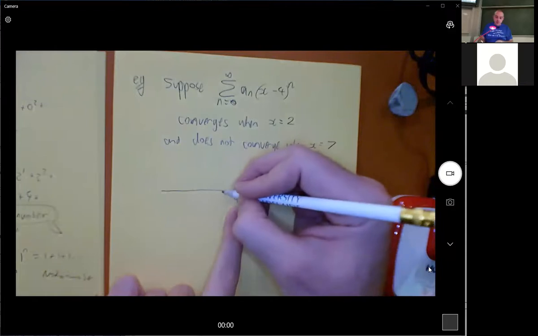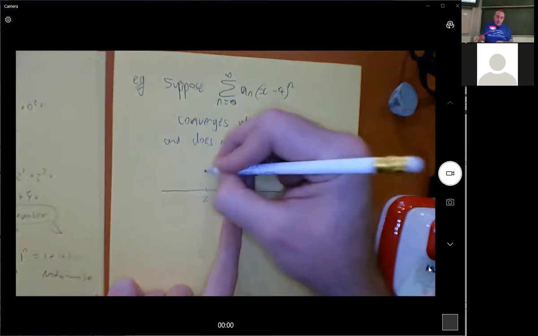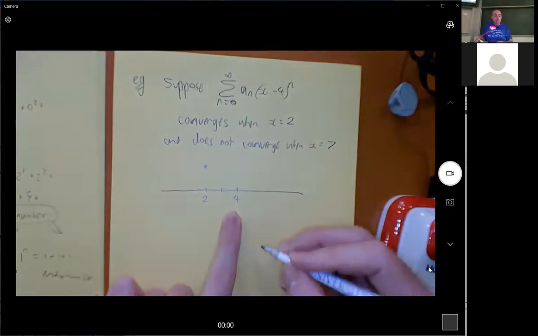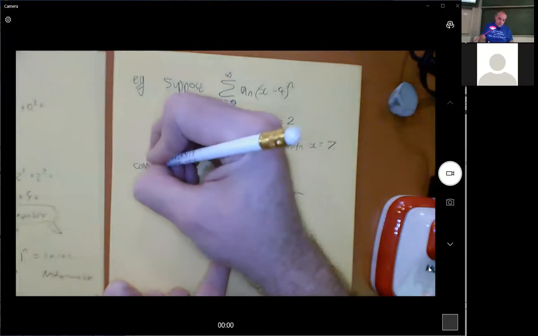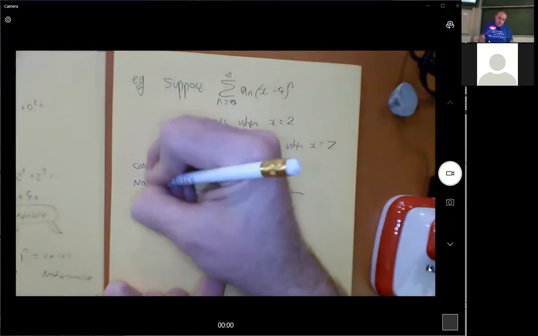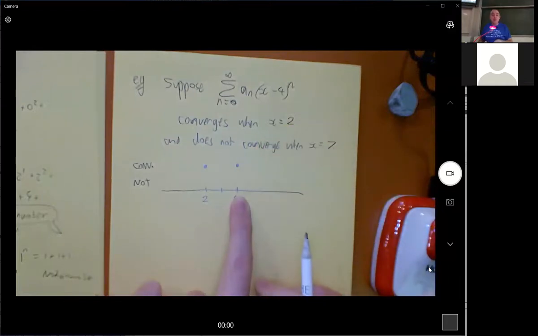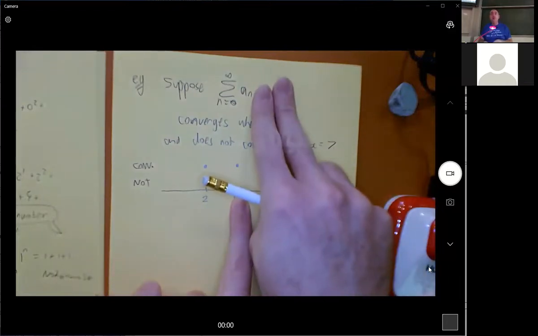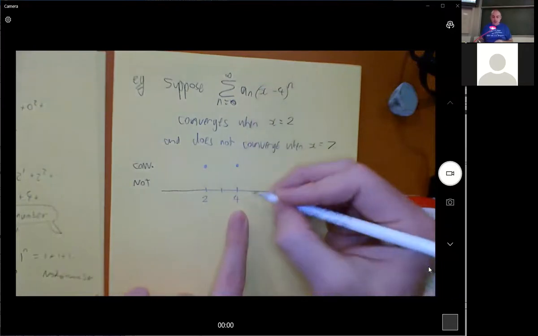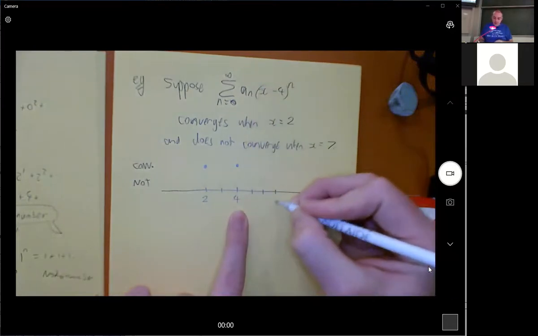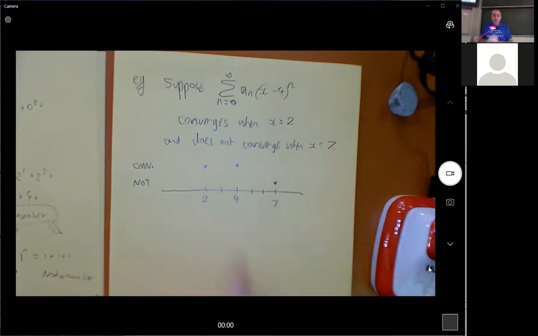And I know it converges down here when x is 2. Converge, not converge. It definitely converges when x is 4 because that's the center. Because when x is 4, it's just a whole lot of zeros. And when x is 7, which is here, it does not converge.